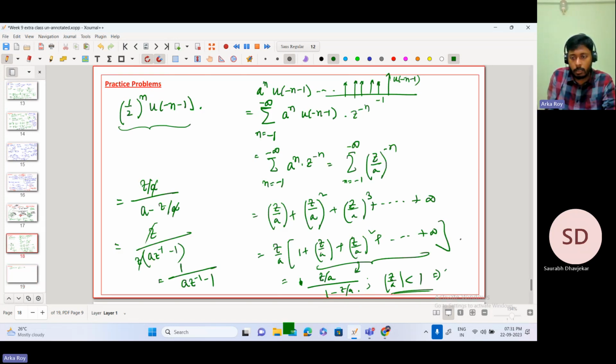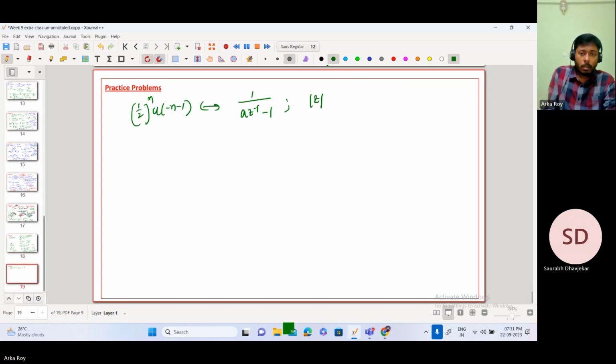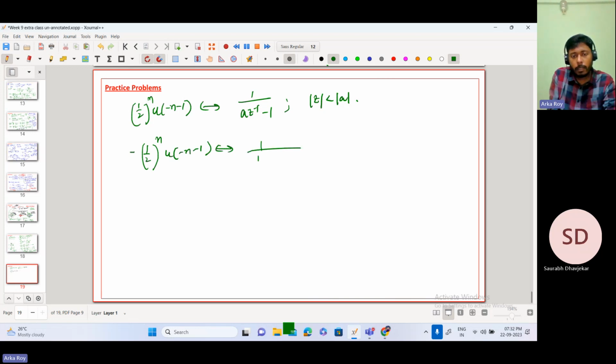I can just simplify it. Mod z is less than mod a. Now if I multiply by a minus sign, I will get 1 divided by 1 minus az inverse, and your ROC will not change.